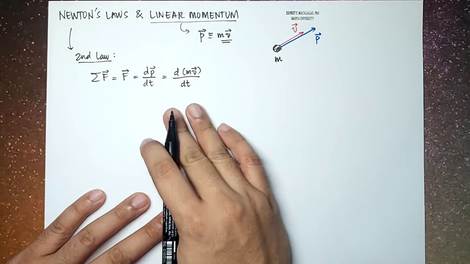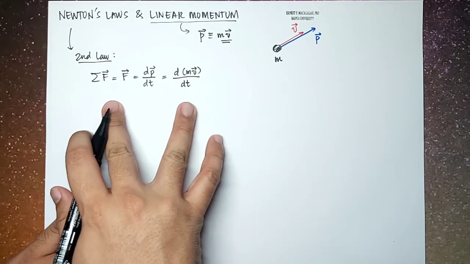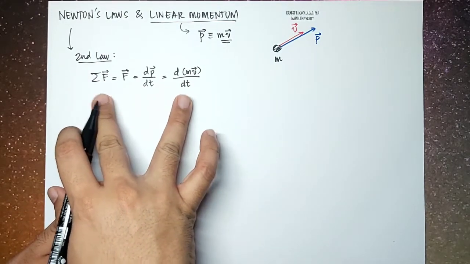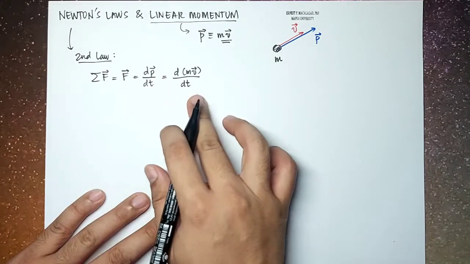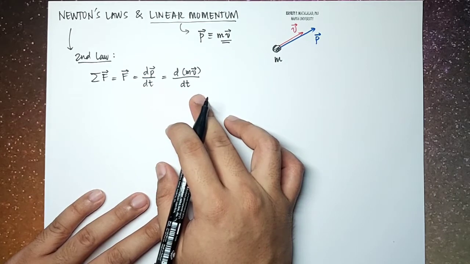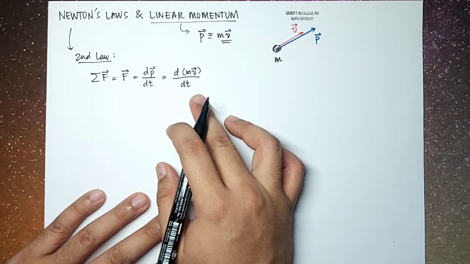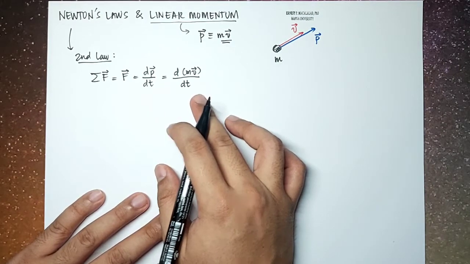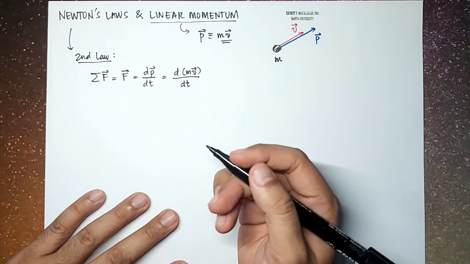Now, this is not the familiar form of Newton's law, but this equation is actually a more general form of Newton's second law, since it also considers a particle whose mass changes during the motion, for example, rocket motion.